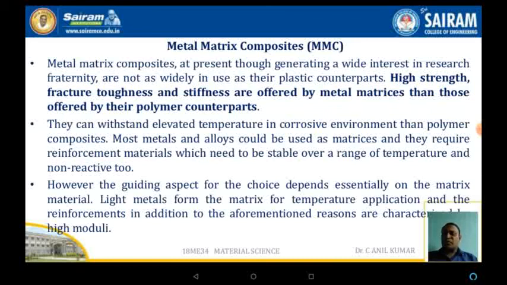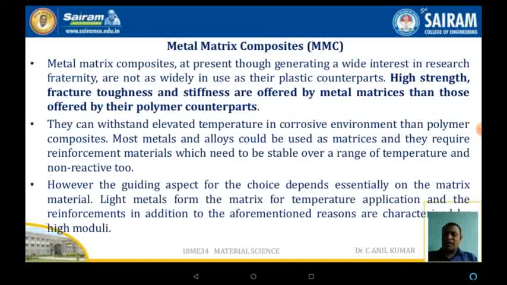The metal matrix composites. The metal matrix composites are the composites where the metal itself is used as a matrix material, where high strength, fracture toughness and stiffness can be obtained compared to normal metals.